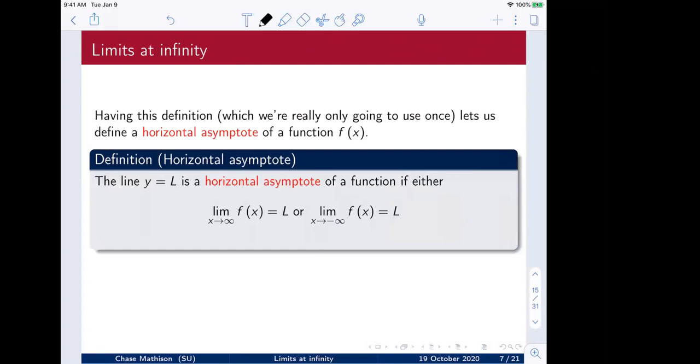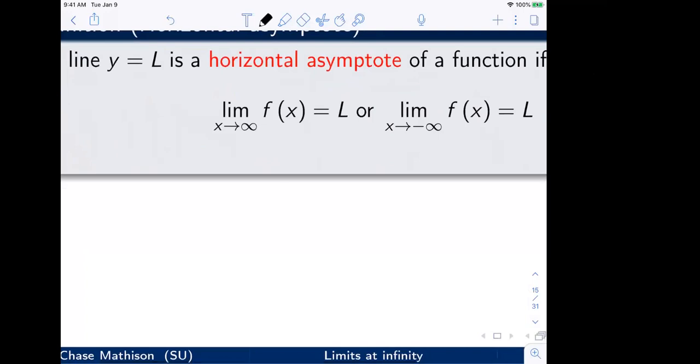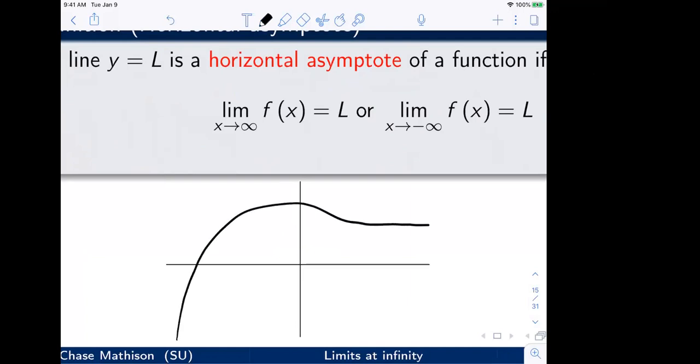Okay, so all that means is that if I draw a function, here's a function that has a horizontal asymptote.